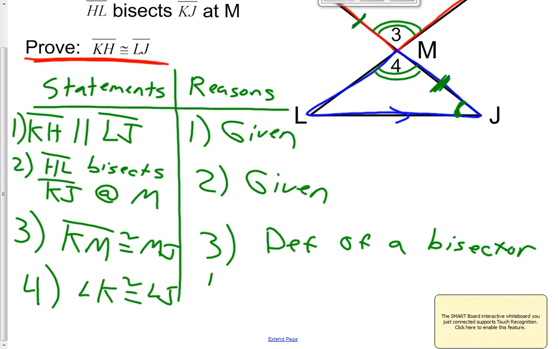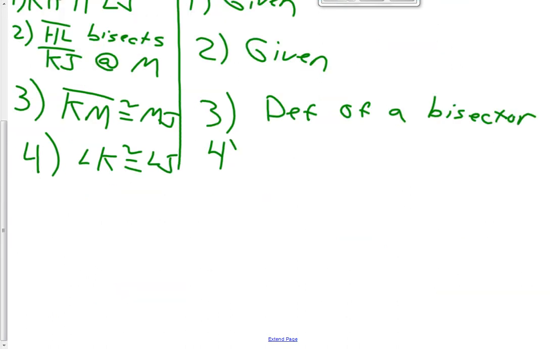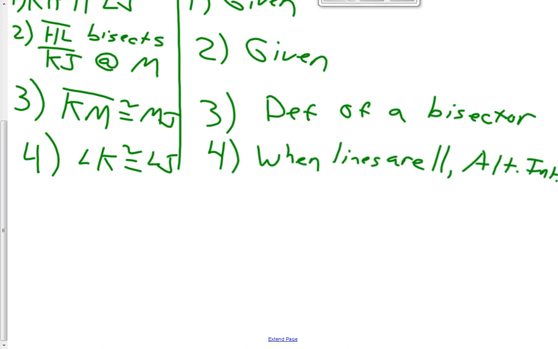So for statement number 4, when lines are parallel, alternate interior angles are congruent. That's the reason why we could say that those two angles are congruent to each other.